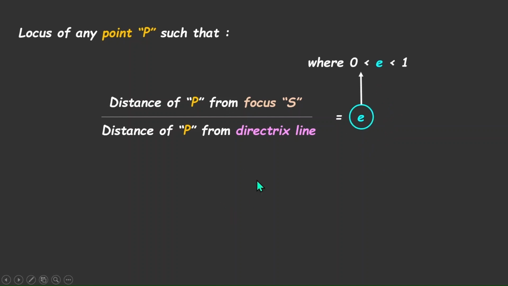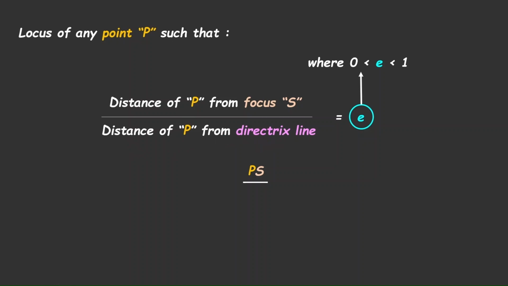So when this ratio remains constant and it is between 0 and 1, then the locus of such point P forms the ellipse. And we can write it mathematically. If the point is P and the focus is S, this is PS divided by the distance of P from the directrix line, which would be the perpendicular.